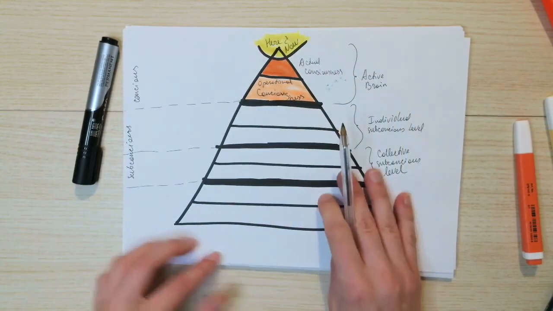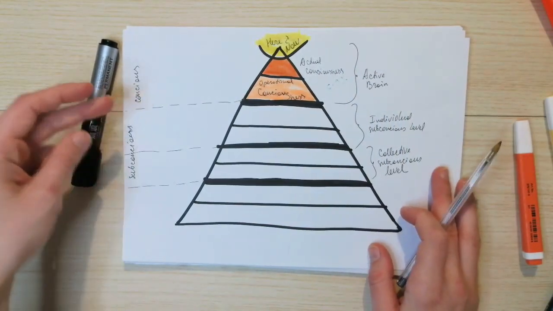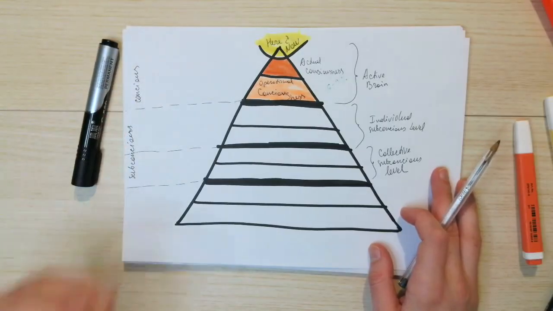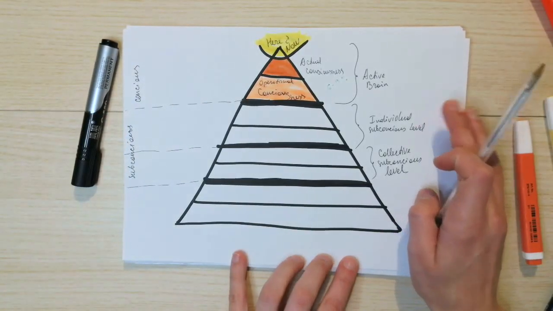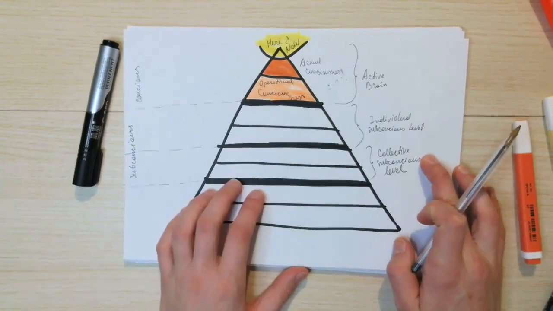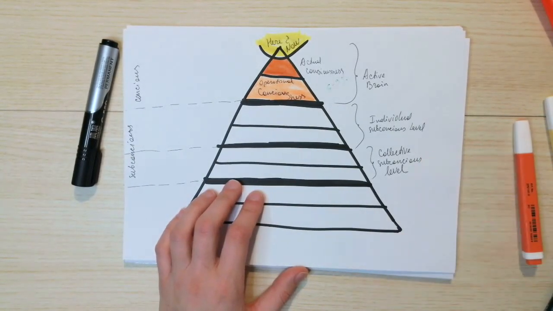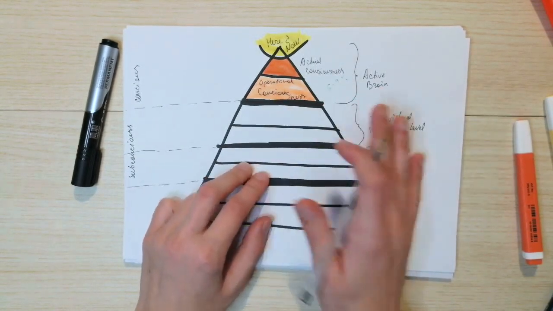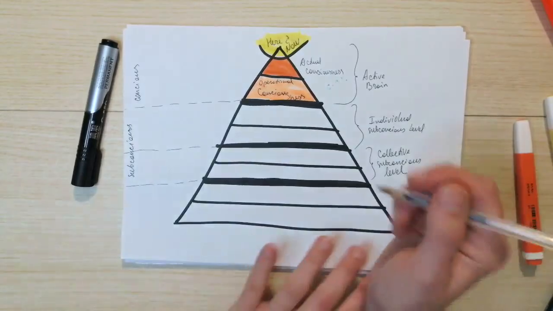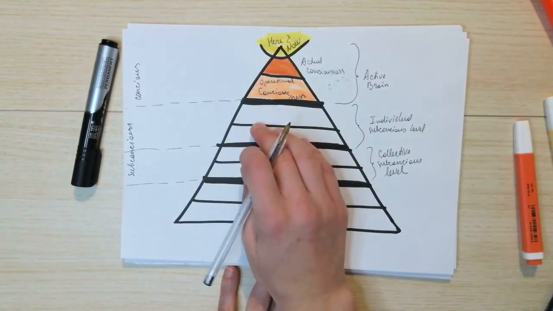Now, the next part is we start going deeper into our subconscious mind that has two levels, individual subconscious level and collective subconscious level. So here we start leaving the thinking mind and entering the territory of the individual subconscious level.